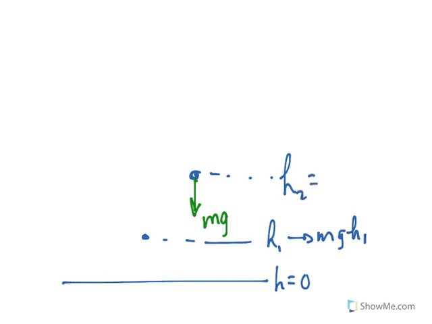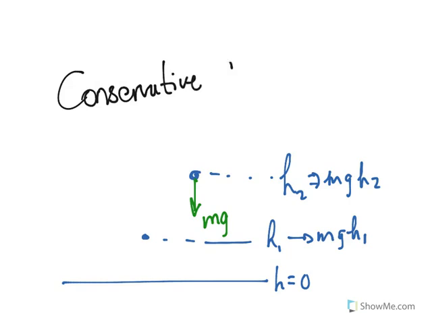At another height, it has a potential gravitational energy higher than the previous one. This is stated as a conservative force. It is conservative because no matter what happens, if you're at the same point, you will have the same energy.